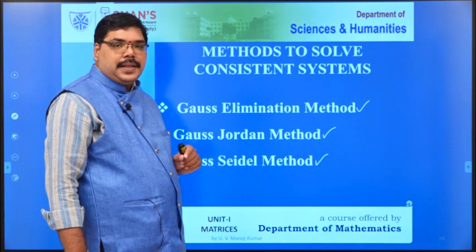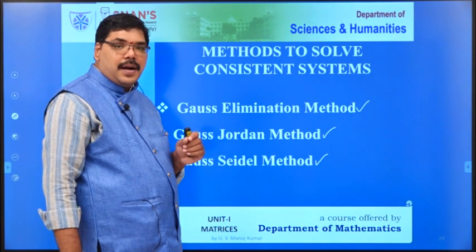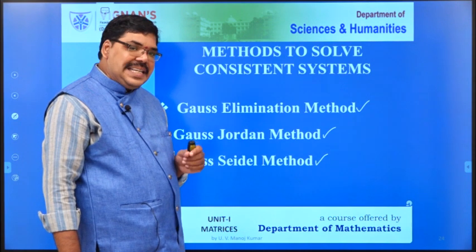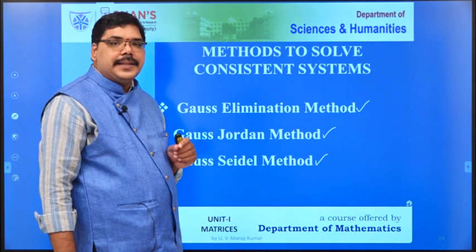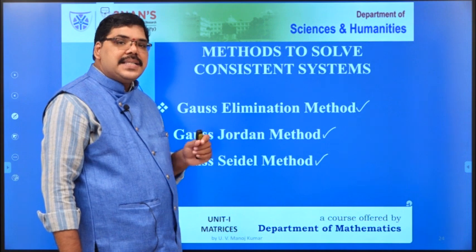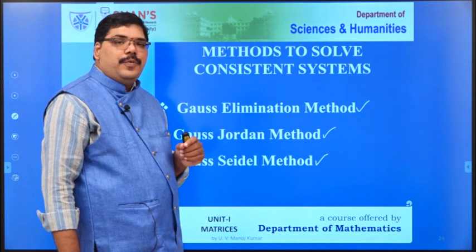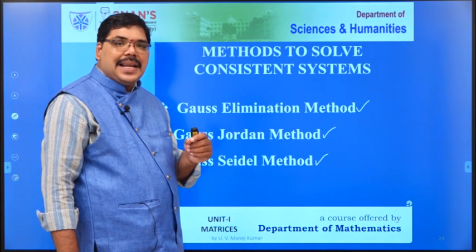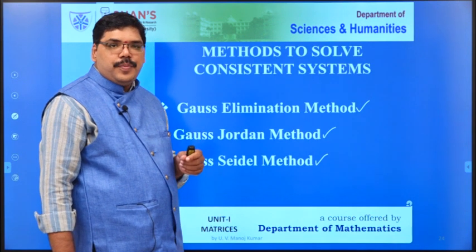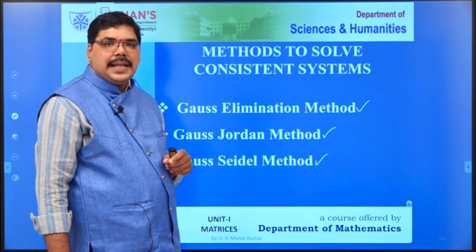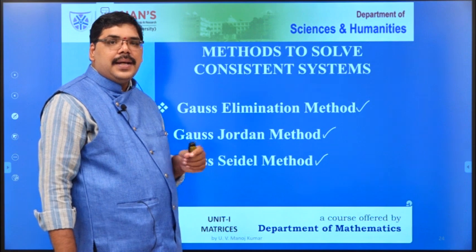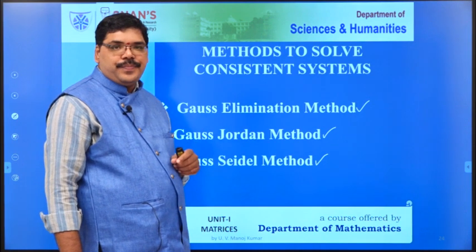Among these three, the last one, Gauss-Seidel method, is an iterative method. That means it is a numerical method which requires a calculator. So you be ready with a calculator to learn Gauss-Seidel method. Okay.